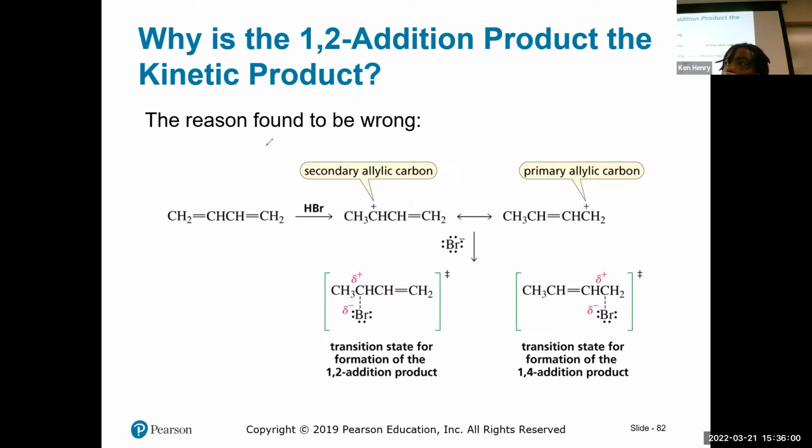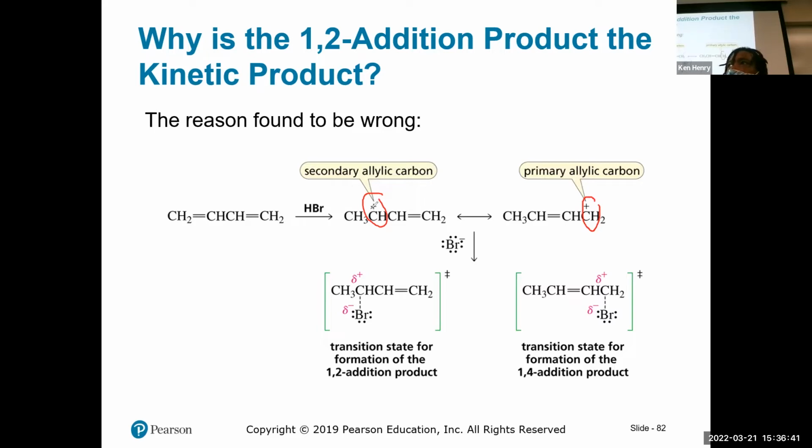So initially, if we look at our two products, this is a secondary allylic carbon, and this is a primary allylic carbon. So this is on a secondary carbon, and this one is a primary terminal.